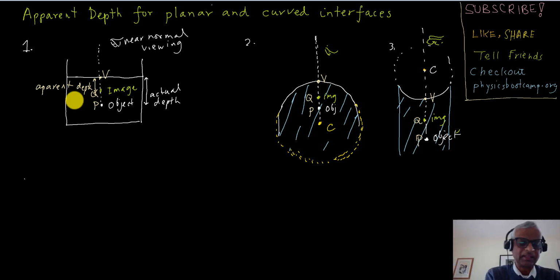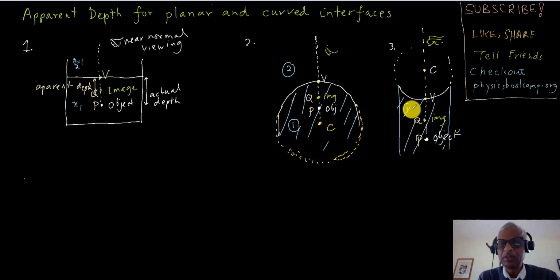So let's say this is n, and this is n equals 1. Because of where the object is, I'm going to call this medium 1 and this will be medium 2. So this will be n1 and this will be n2.